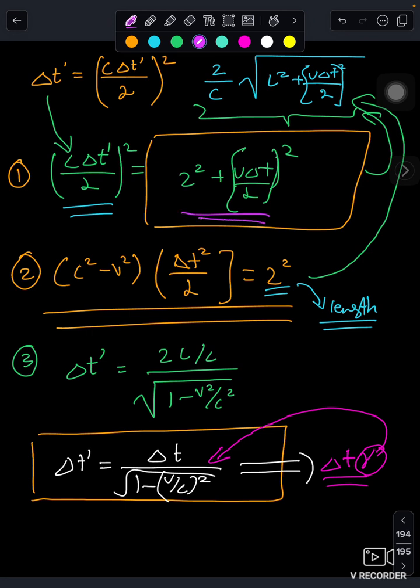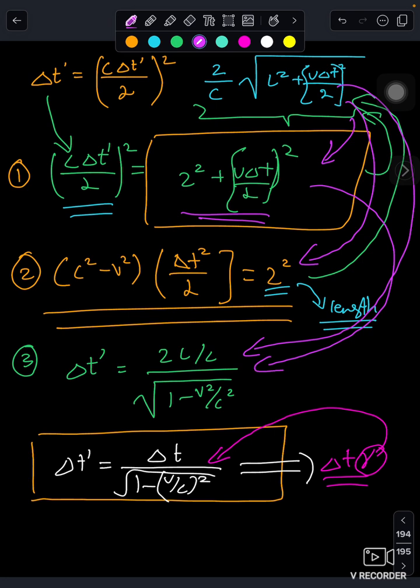This is for C delta T improper over 2. It's for improper time of rearranged equation. So this is for time, this is for length. So it's a simplified version. This one is the simplified version of this one.